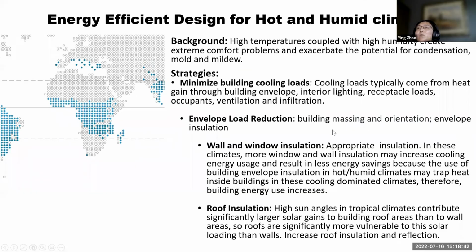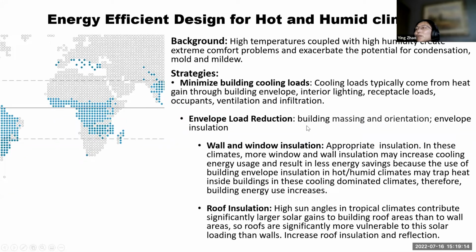So we'll go to the energy efficient design for hot humid climate, because it could be very challenging. They have extreme comfort problems and the potential for condensation and mold. So the strategy would be to minimize building cooling load. Cooling loads typically come from heat gain through the envelope, lighting, receptacles, occupants, and ventilation and infiltration.